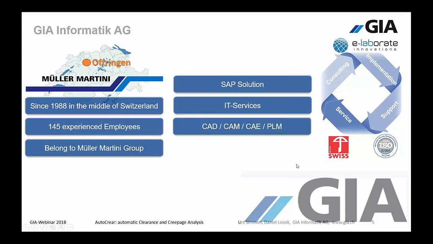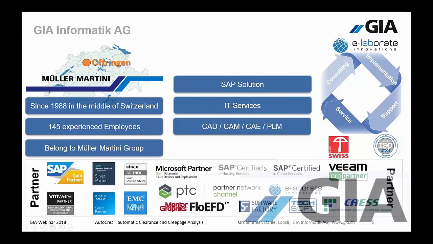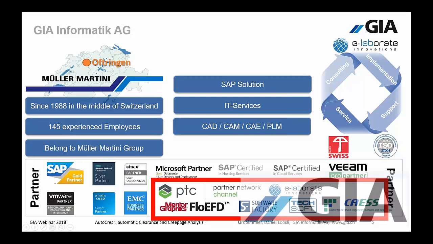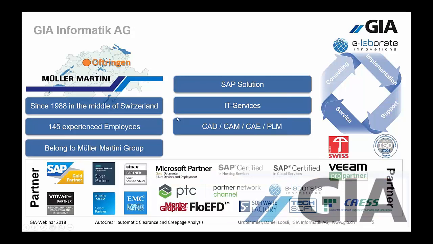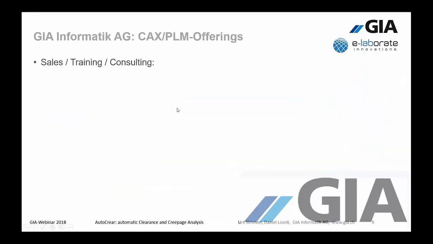And we are working with quite a lot of partners. In the CAD business, we are working with those partners here. The main partner is PTC, and beside that main partner, we have some other ones I will talk about right now. In the CAD and PLM environment, we're doing training, consulting, and as today, also sales presentations.